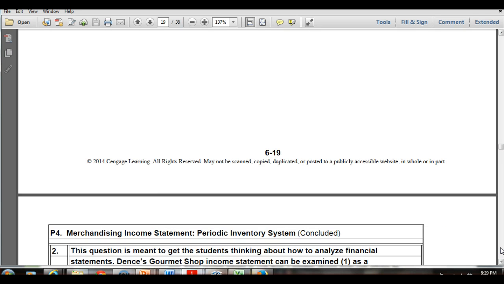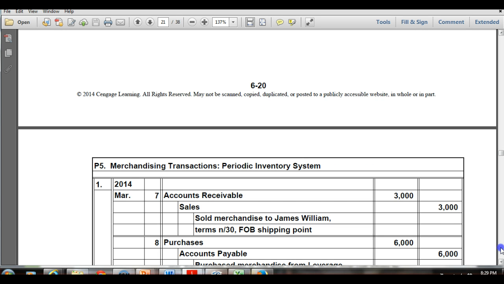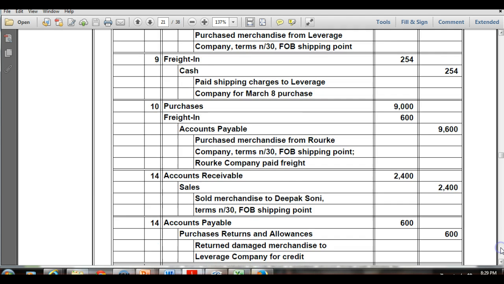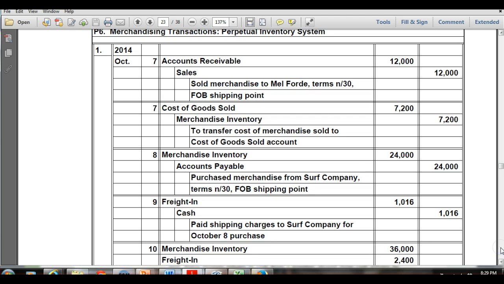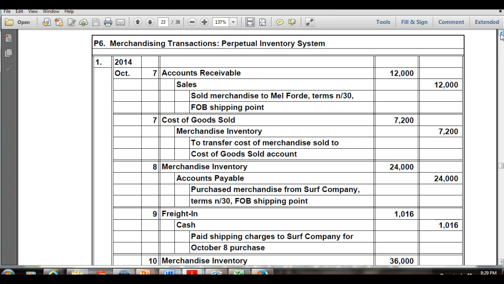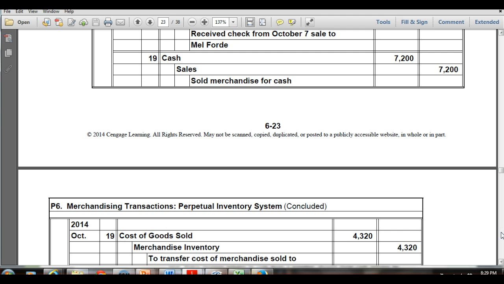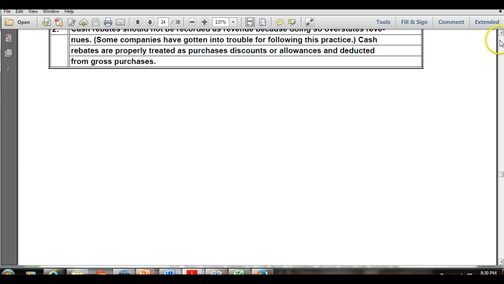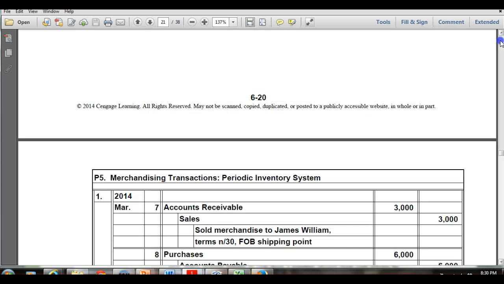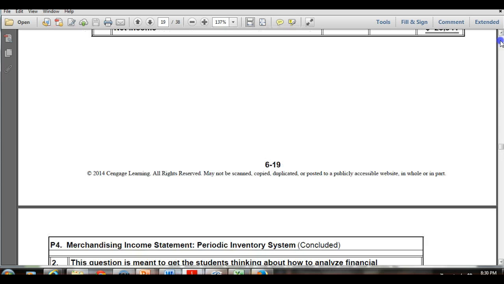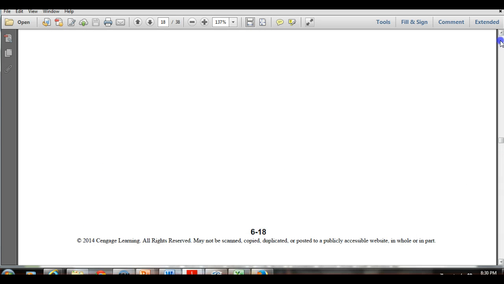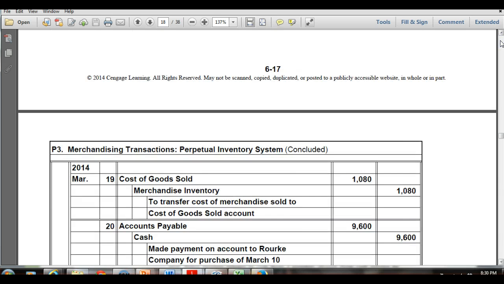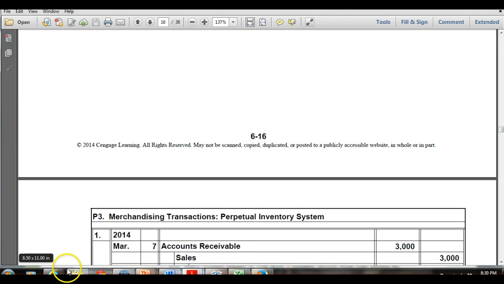So basically, I'm not going to worry about P4 or P5, because I told you we're not going to deal with the periodic system. Do we want to go over P6, or do you want to try to do that on your own? On your own? So the homework is going to be P1, P3, and P6.